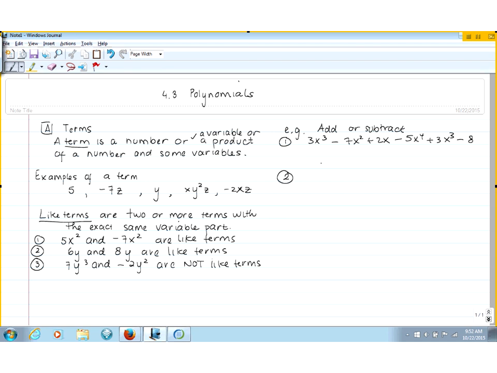So this is simple. Number 2: 2/3 x to the 4 minus 1/4 x cubed plus half x minus 1/3 x to the 4 plus half x cubed plus 1/3.